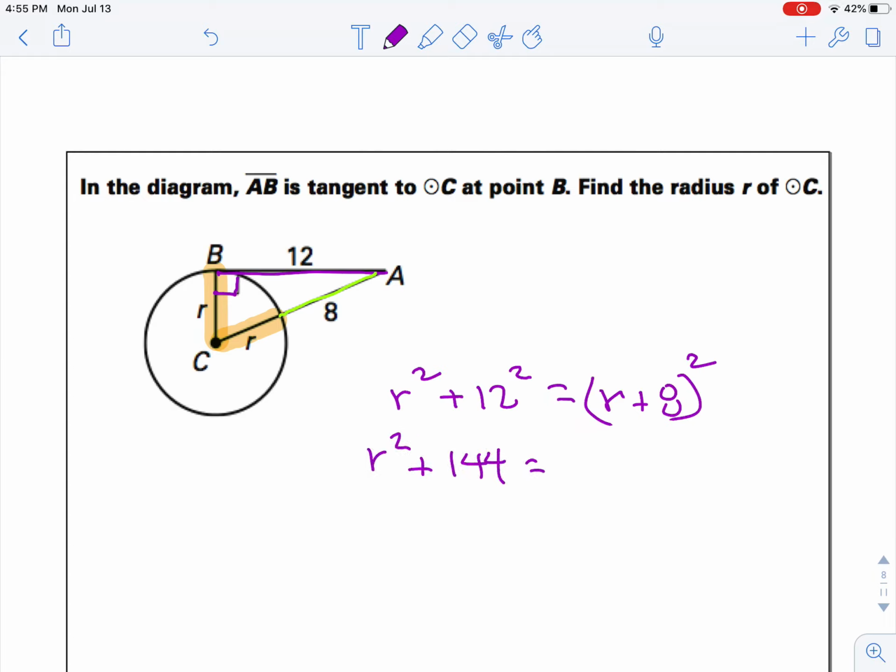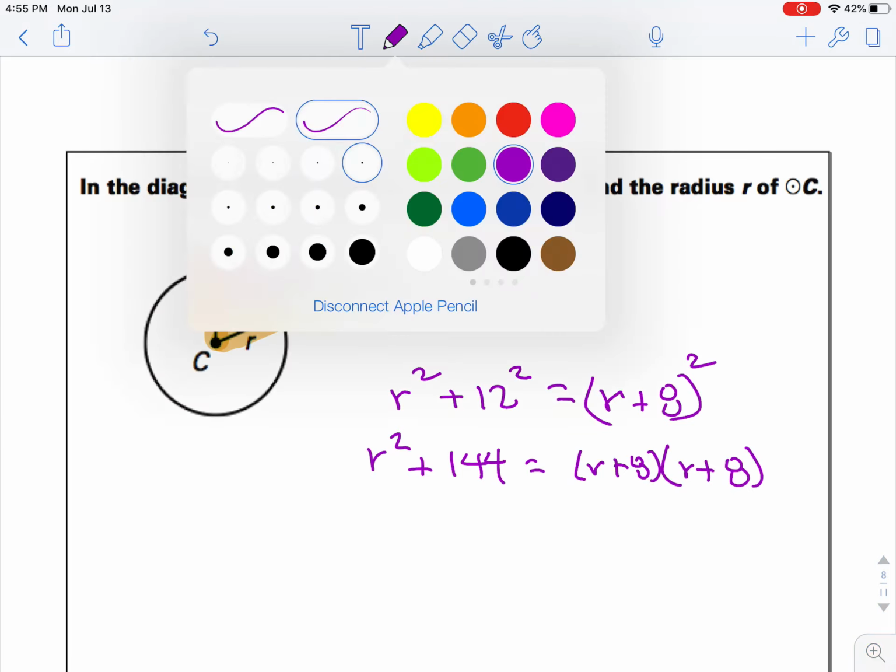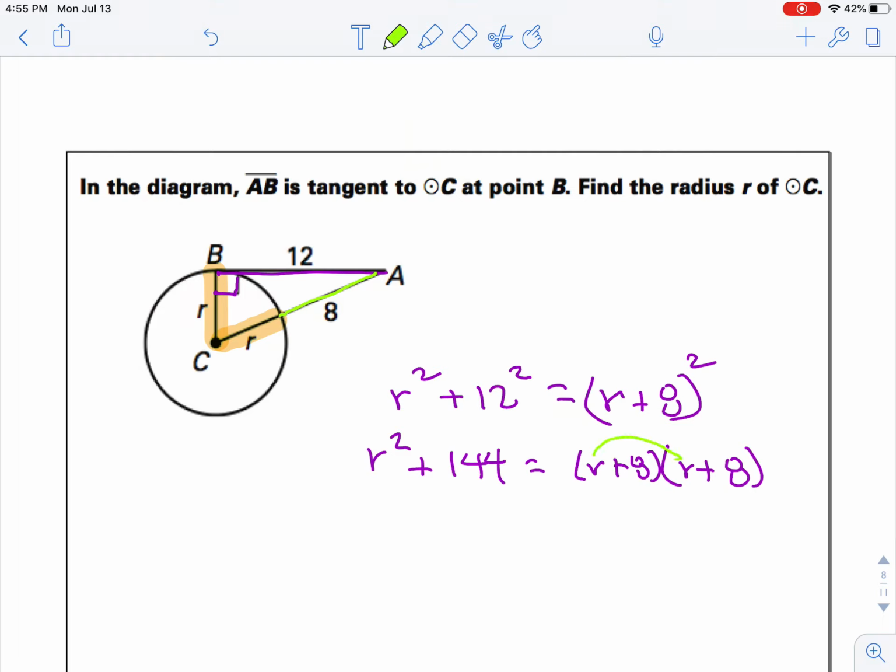So now we're going to solve that. We get r squared plus 144 is equal to, and remember, you don't just square r and square 8. This becomes r plus 8 times r plus 8, and this you have to FOIL. If you remember back, what we have to do is multiply the first term times the first term, the last terms together, and then the inside and the outsides.